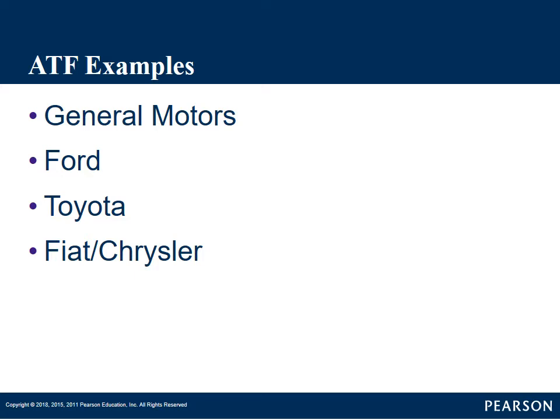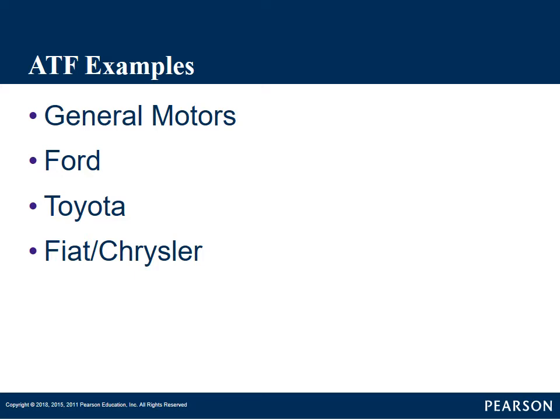Dextron 2 up through Dextron 3 was used for quite a few years in General Motors vehicles, from the 60s clear up into the mid-2000s, early 2000. Very common transmission fluid.